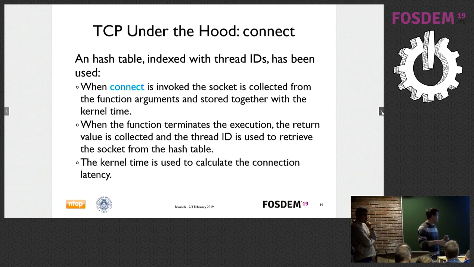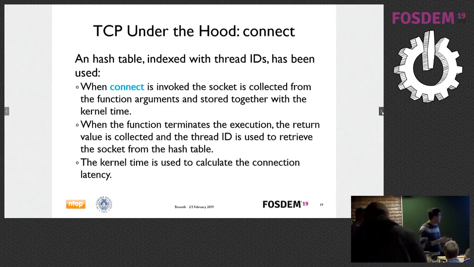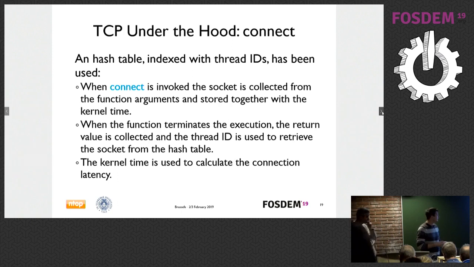Then the function is executed, the control returns to the function, and when the function returns the return code, our code is executed again. We check in the hash table where we put the socket, indexed by the thread identifier. We get the socket and track network information besides the return code. In this way, by also recording the kernel time, we were also able to measure the latency of the connection.